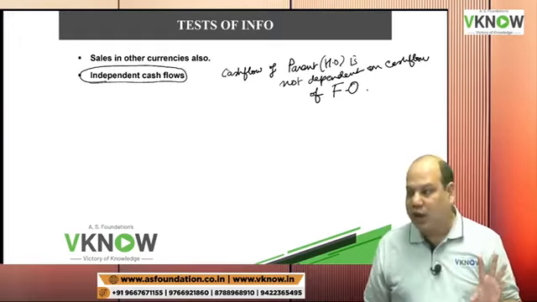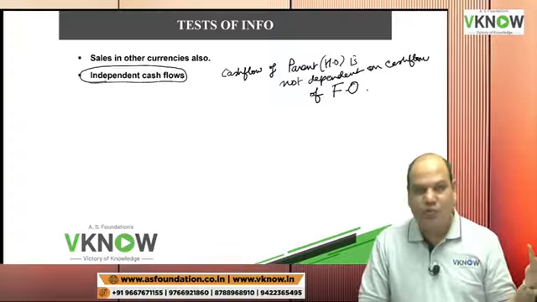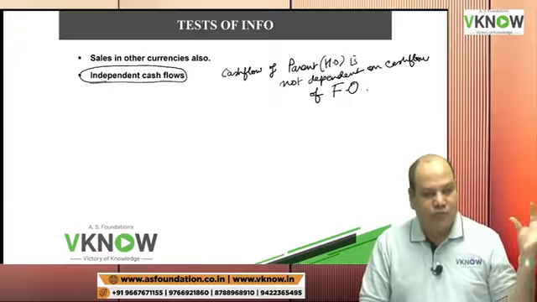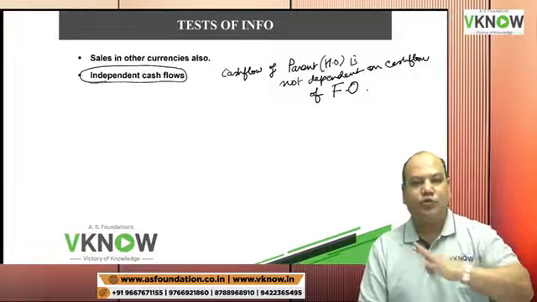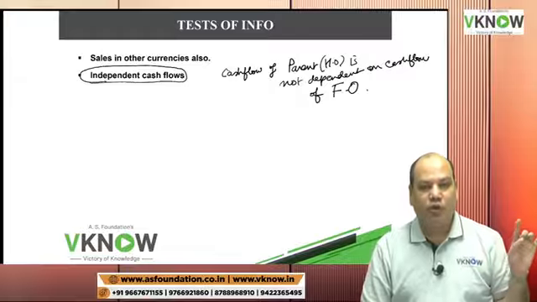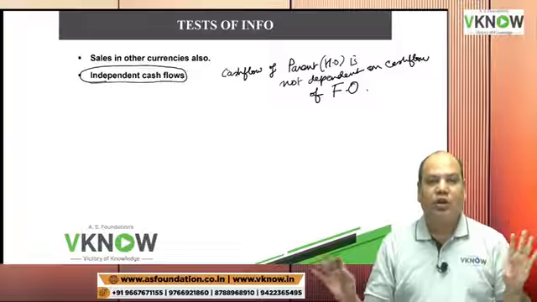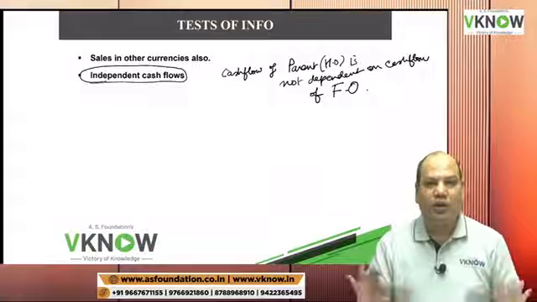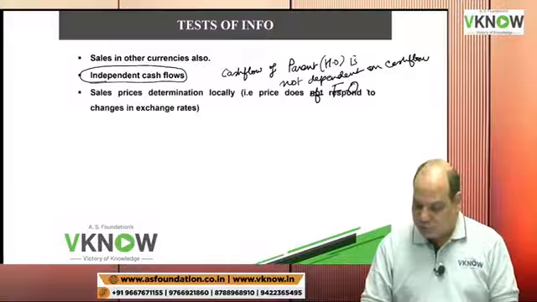Normally, if it is an integral foreign operation, what happens? The subsidiary or the branch sells the goods in the foreign country and remits the funds to the parent company. So the parent company depends a lot on the foreign operation when it is integral. In non-integral, the two parties are not dependent on each other for cash flows.